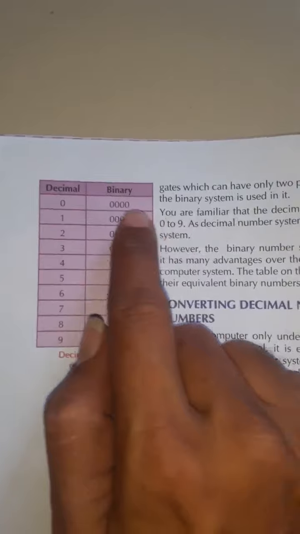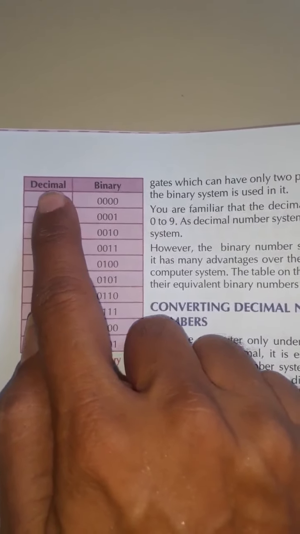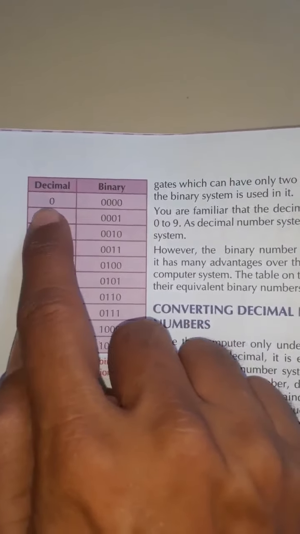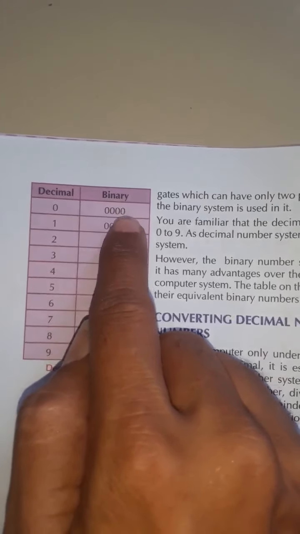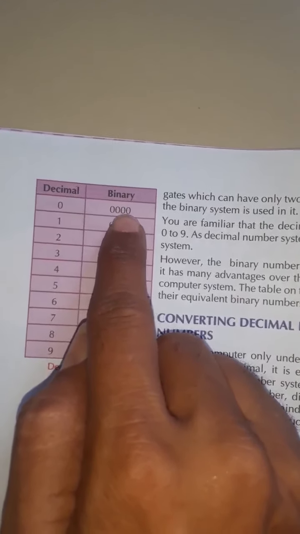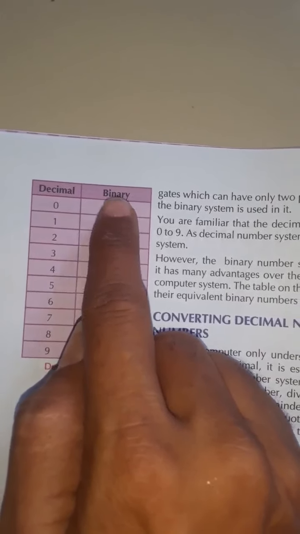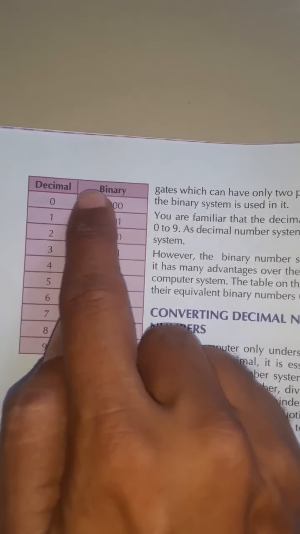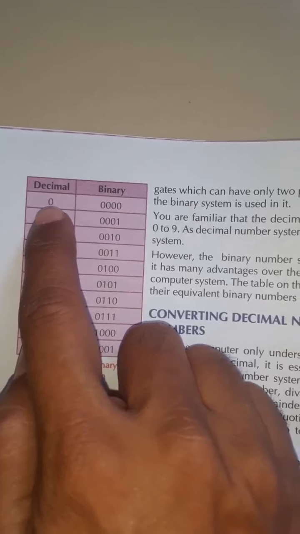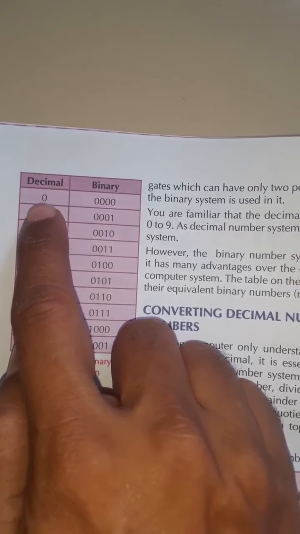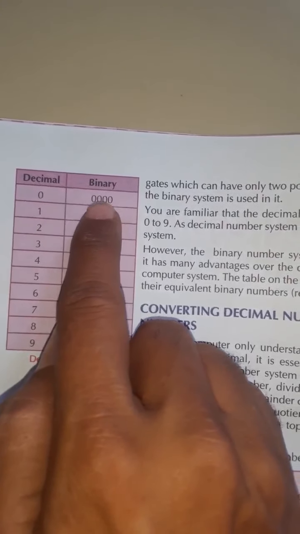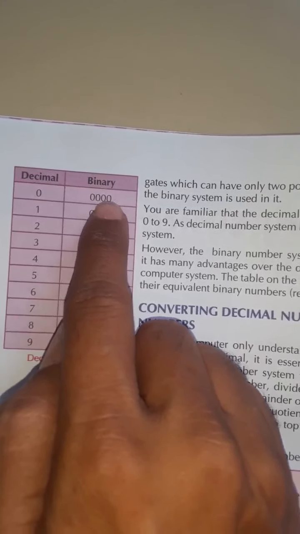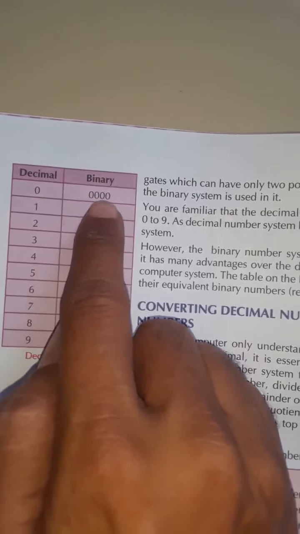See, this is the chart of decimal to binary conversion. 0 is represented as 0000, means 4 bits are used in the binary number system. In decimal we can represent 0 with only one digit, but in the binary system 0 is represented by 4 bits, 0000.